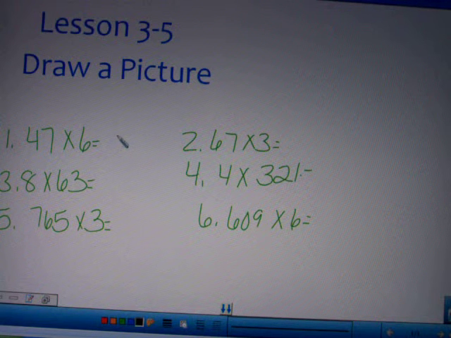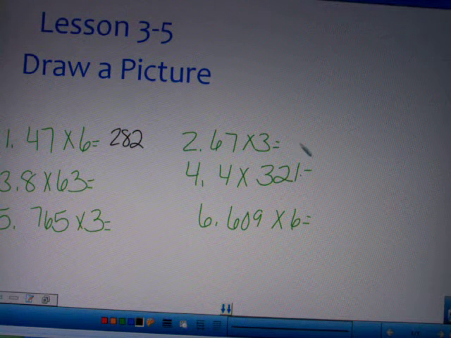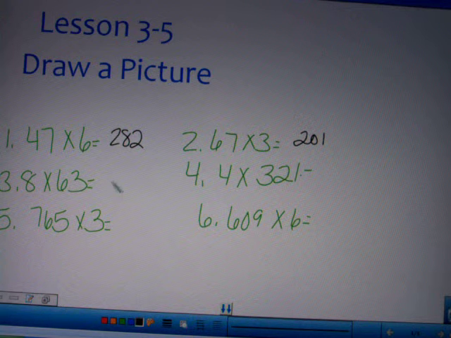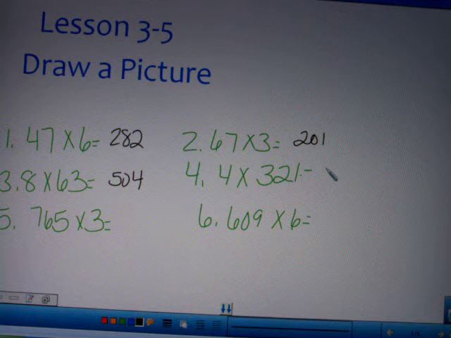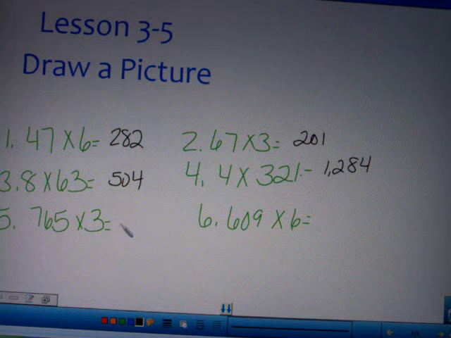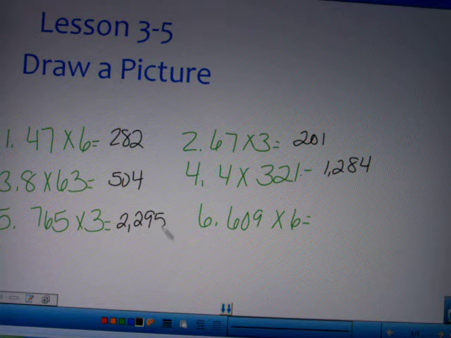Alright, so let's check your work. 47 times 6 is 282. 67 times 3 is 201. 8 times 63 is 504. 4 times 321 is 1,284. 765 times 3 is 2,295.